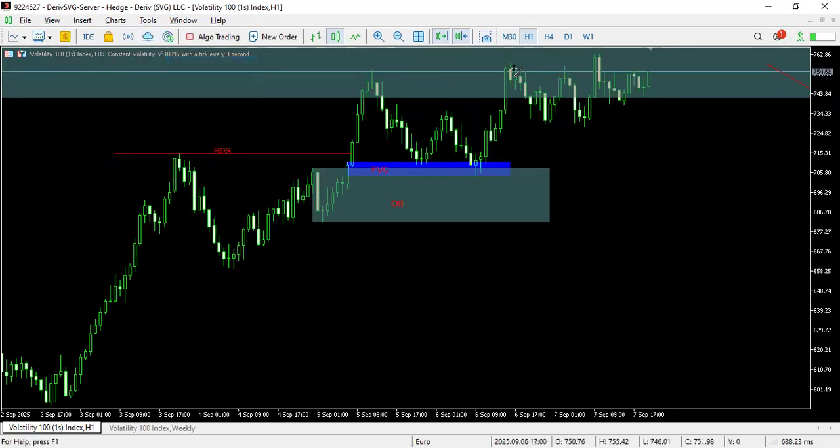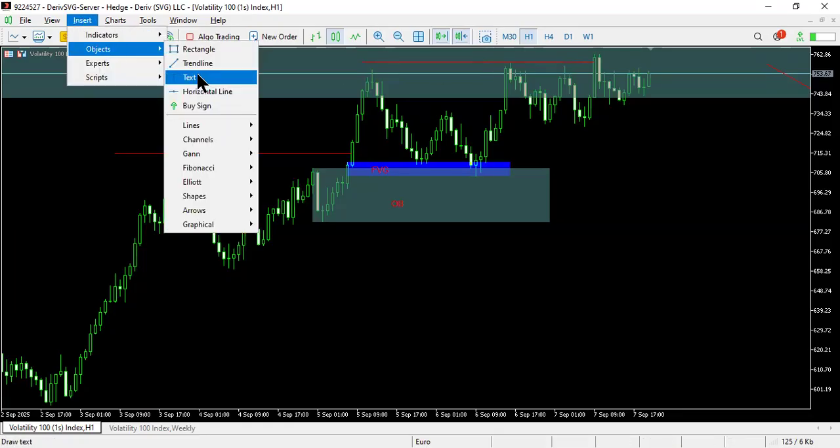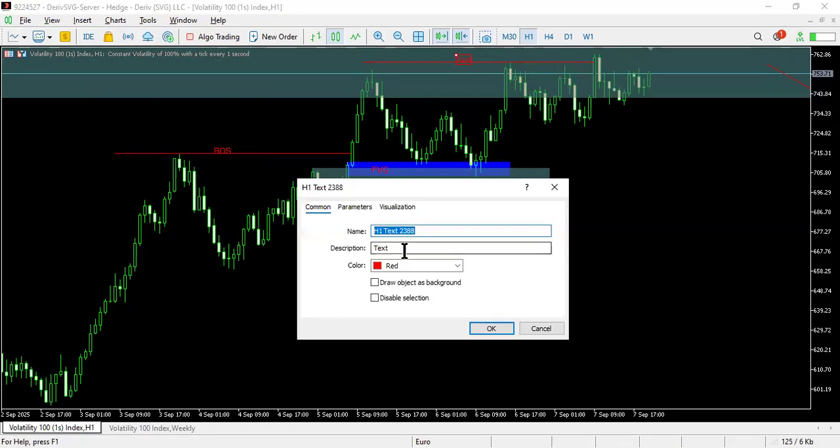You just have to watch out and see what price is doing. So there was a break of structure right there. Price just broke that high. So that is a break of structure.